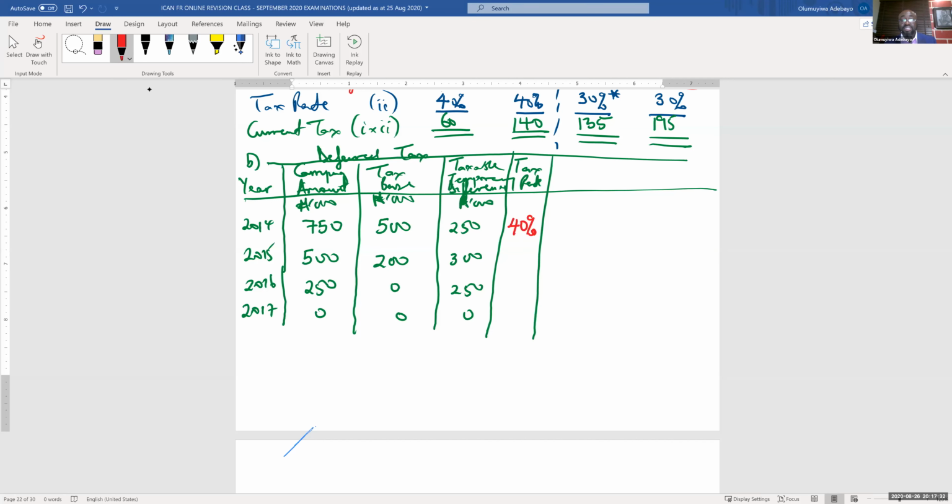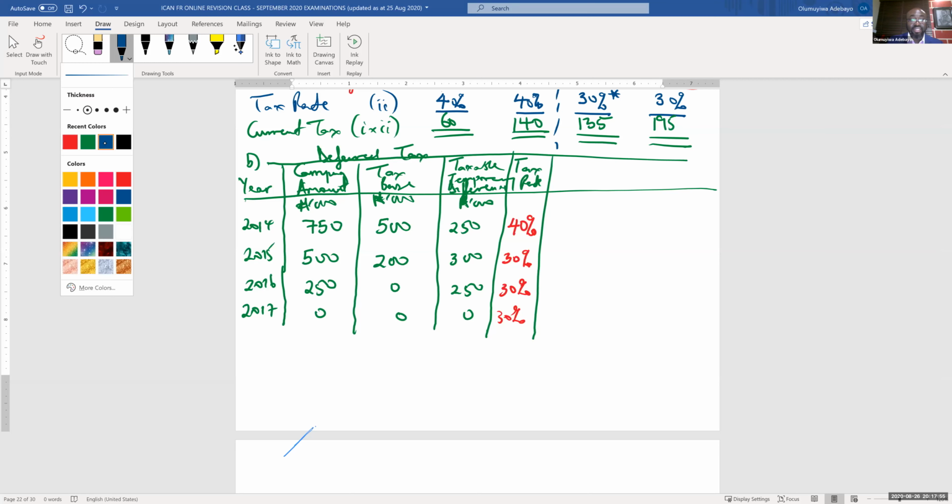Which then means that immediately you have to take that into consideration, which invariably means that the effect will be 30% from 2015, which means my cutoff in this case is 2015.